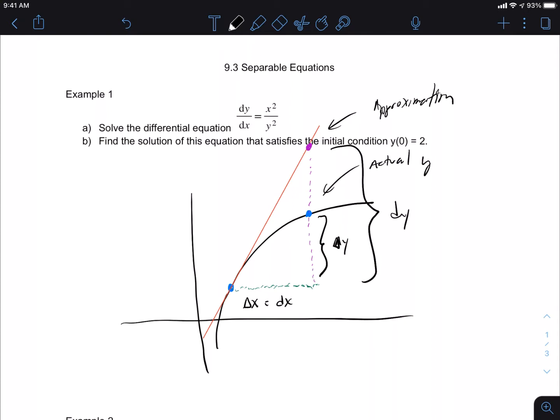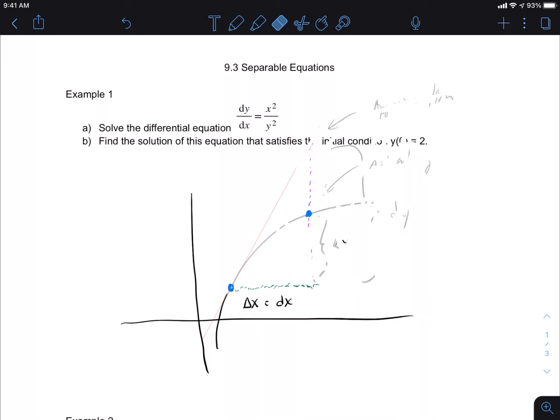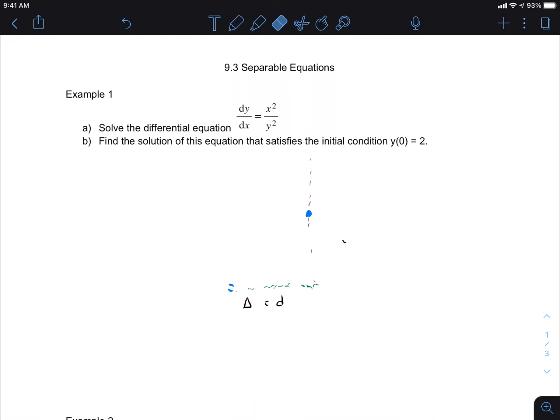We know that delta x and dx are always equal in this example, and then we also know that delta y and the differential y aren't necessarily the same, right? There is some margin of error there. So that's important. So that's the connection for the dy dx that we're going to be playing with, okay? So I just wanted to do a quick rewind for some of you.